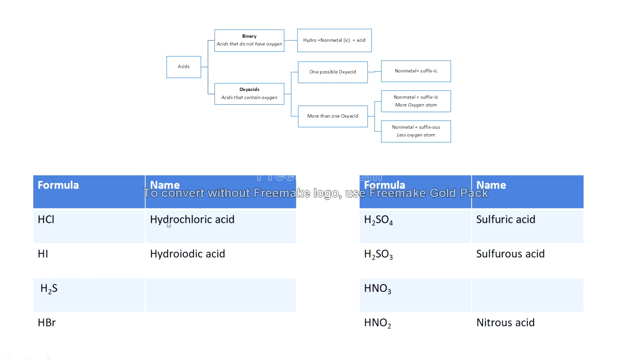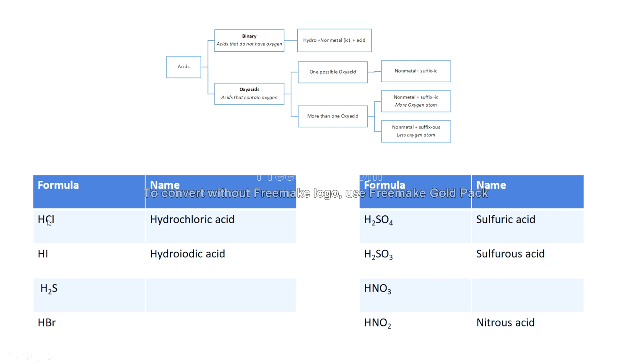So we have hydrochloric acid. HI is also a binary acid because it doesn't contain oxygen. We have hydro, then the name of the non-metal, that is iodine, with the termination IC and the word acid. So that is hydroiodic acid, and the first one is hydrochloric acid.